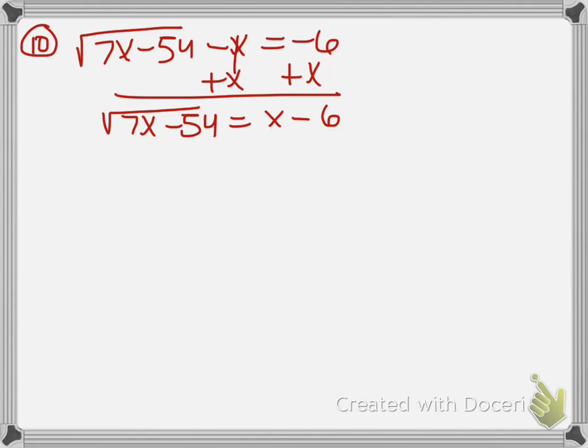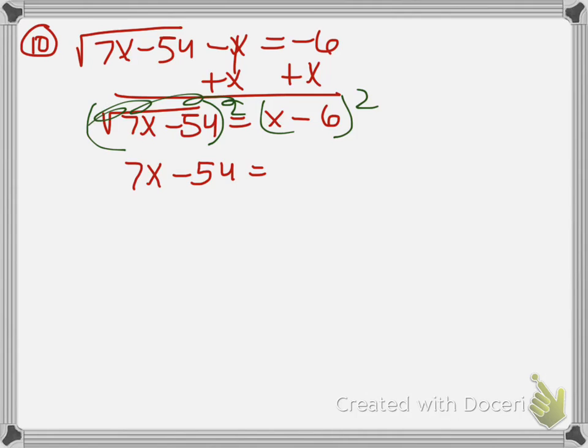In order to get rid of the square root, we're doing the same thing as in number 9, squaring both sides. Put that x minus 6 in parentheses. So we square that, and that becomes 7x minus 54. I have to rewrite x minus 6 twice.